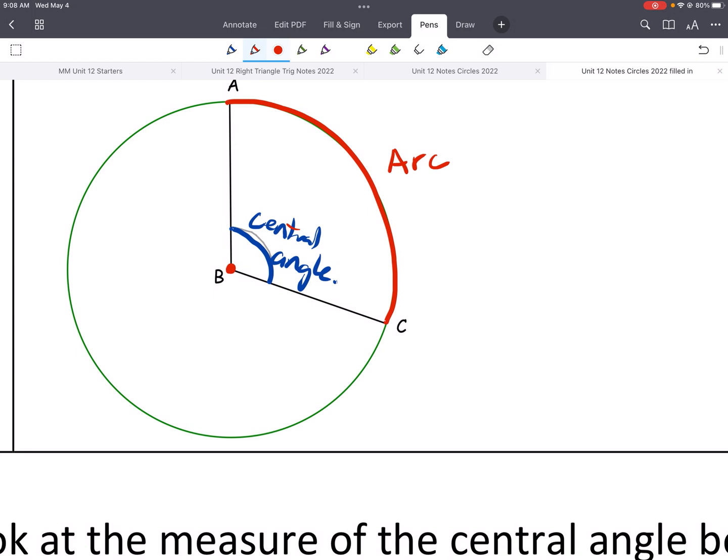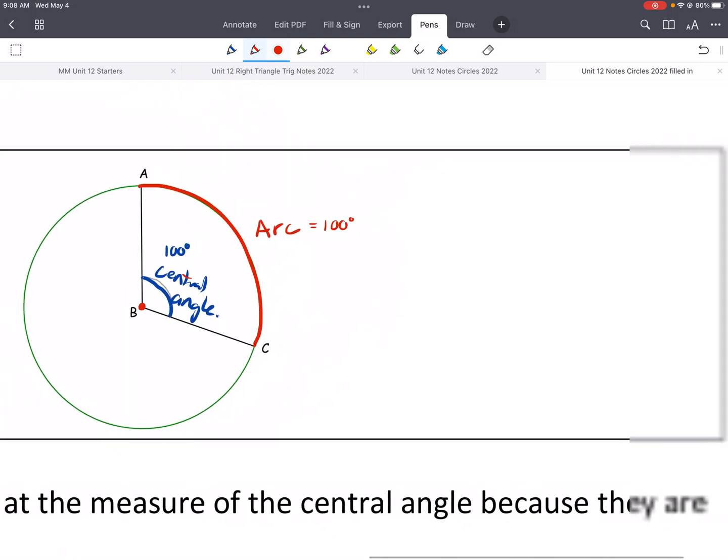So if we have a central angle that looks like maybe 100 degrees, then the arc is also 100 degrees. So they are the same, and that's the rule here: a central angle is equal to its arc.